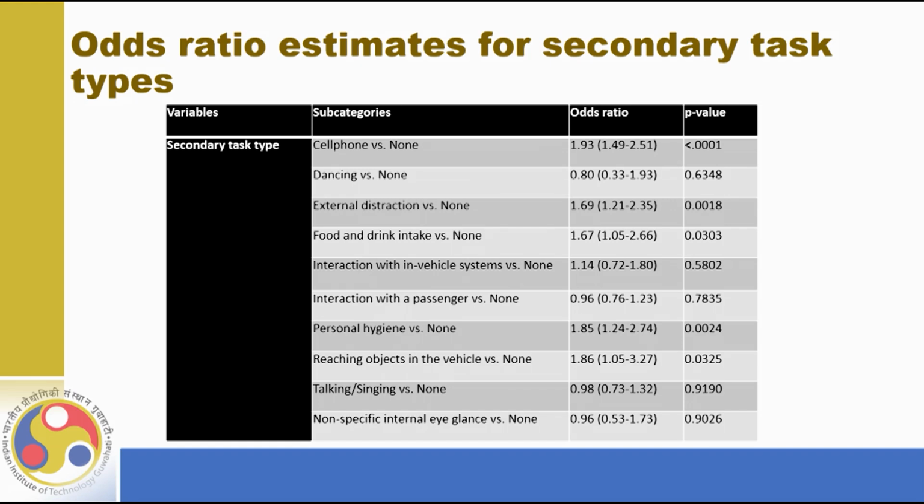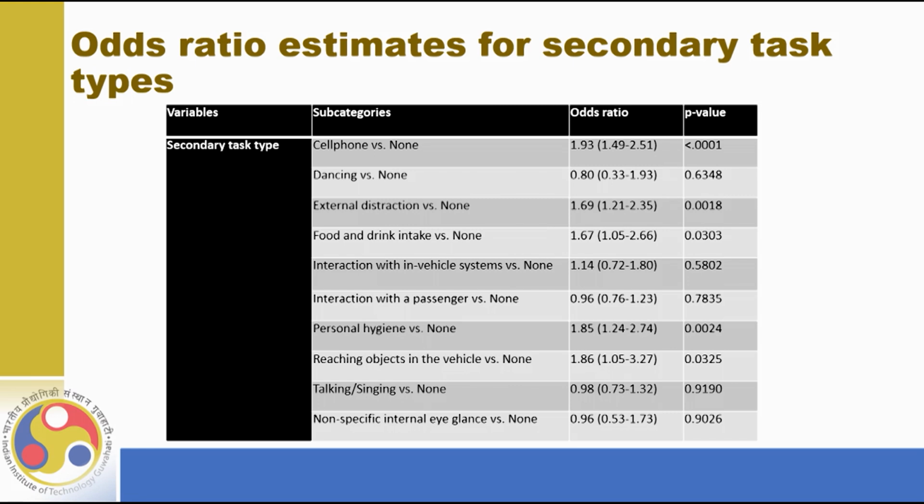And the second important parameter is external distraction. If someone is looking outside while driving, compared to one who is paying attention, the risk is found to be increased by around 69%. Eating food is also found to be significantly associated, and another one is personal hygiene.